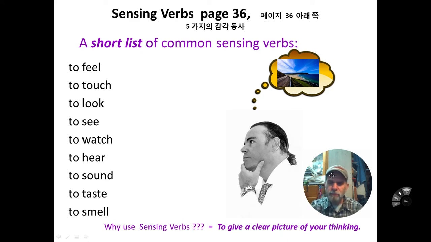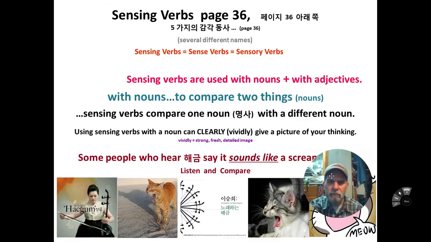Okay, next. Sensing verbs, page 36. In the orange, up at the top. Sensing verbs equal sense verbs equal sensory verbs. Different textbooks, different teachers will tell you different names for this.